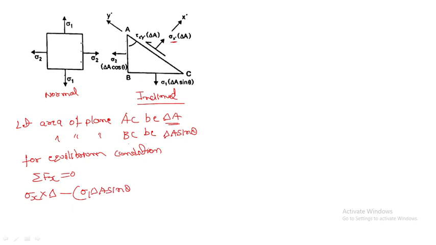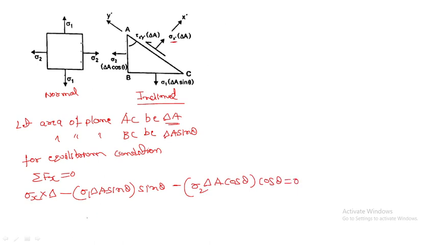Delta A sin theta is nothing but BC value, this value we are taking, and bracket close, sin theta, minus stress 2 delta A cos theta, and cos theta is equal to 0.